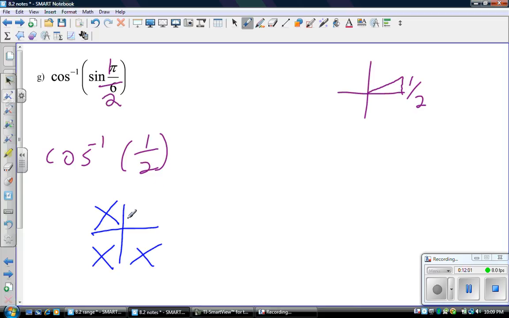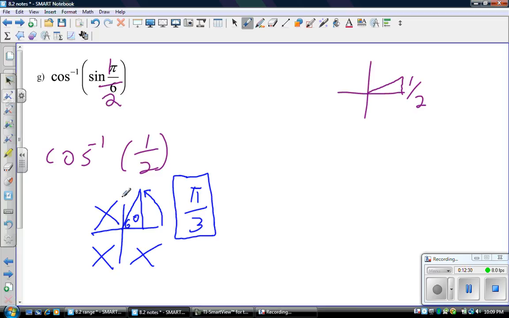And now I have to go, okay, what triangle has an adjacent, because it's a cosine problem, of 1/2? That would be a 60-degree reference, has the adjacent of 1/2, so that's a 60-degree angle in there. And then I go, okay, what is that angle? Because again, inverse trig gets you angles. That is pi over 3. And I'm done.